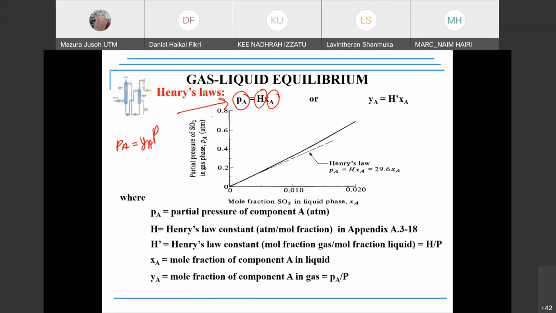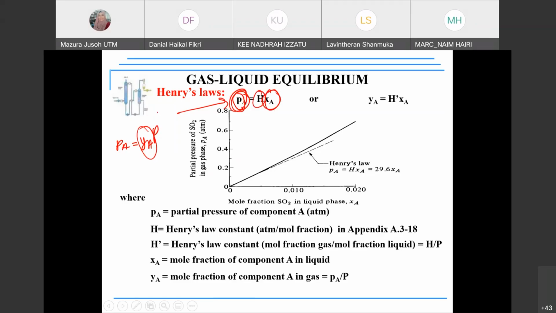Now Henry's law relates the partial pressure to X, where XA is the mole fraction of A in the liquid phase, and YA is the mole fraction of A in the gas phase. So we use the Henry's law constant to relate partial pressure to the mole fraction of A in the liquid phase.